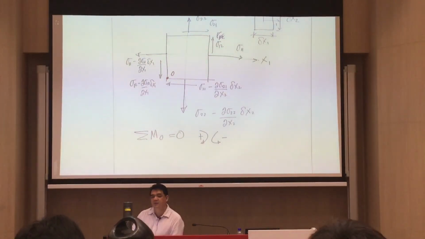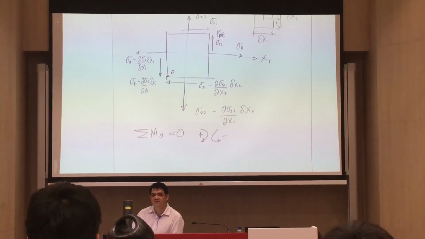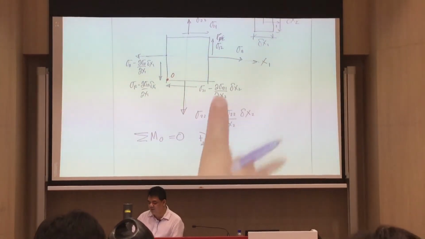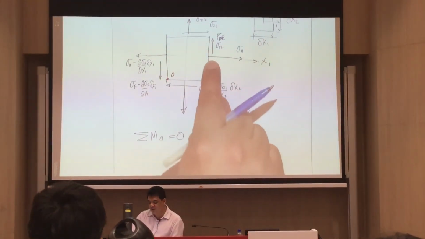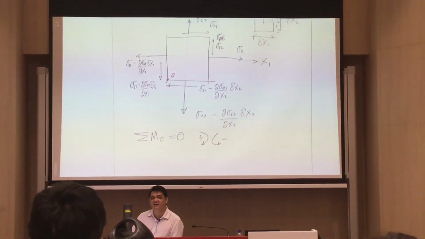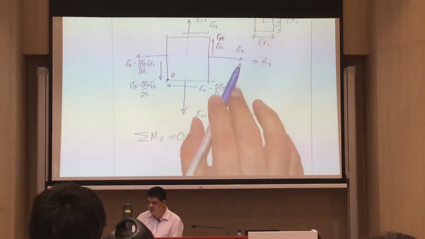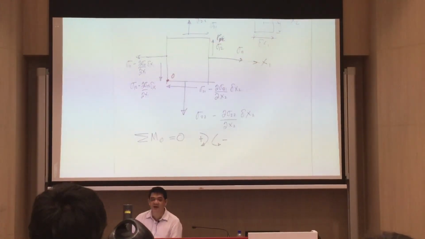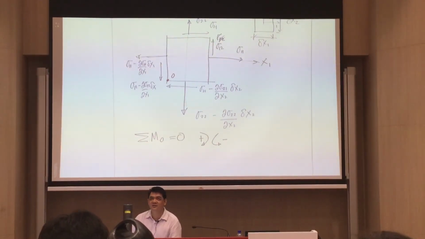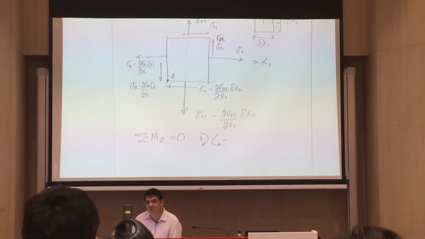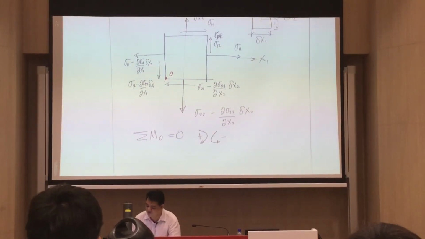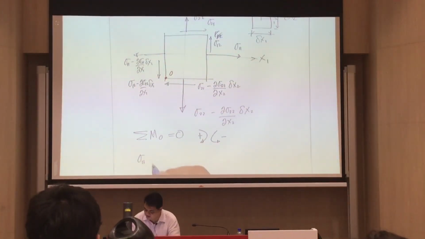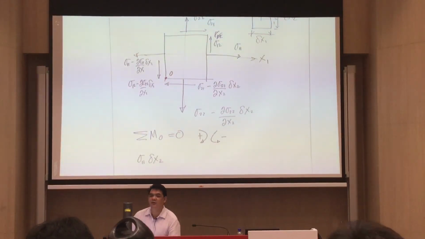What is your moment about O? So you have to convert to a force, right? Force multiplied by the perpendicular distance, yes? But what is our force? Stress multiplied by delta x2. And what is the perpendicular distance? That will be delta x2 divided by 2. So what is the moment? Force multiplied by the distance. What is your force? Sigma 1,1 multiplied by delta x2.